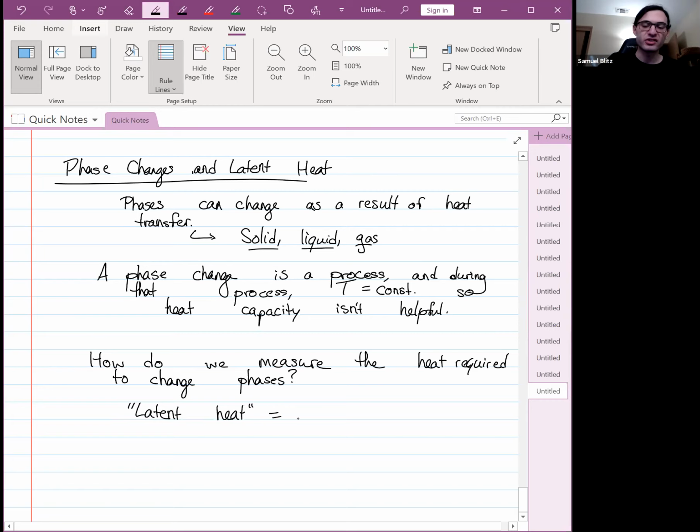So latent heat is just a measurement, just a number for a given material. It is the amount of heat required for, say, 1 kilogram of a substance to change phase.